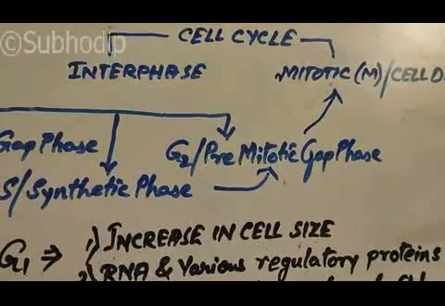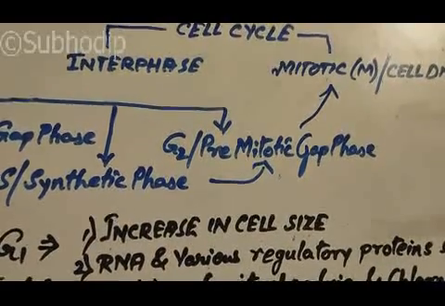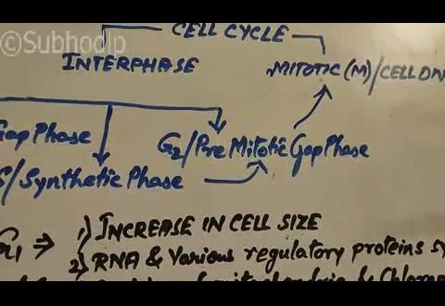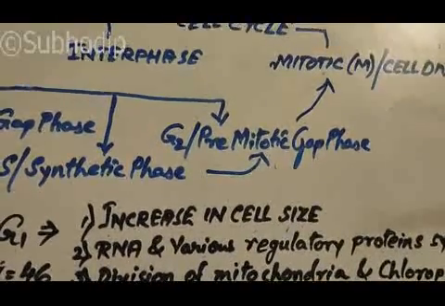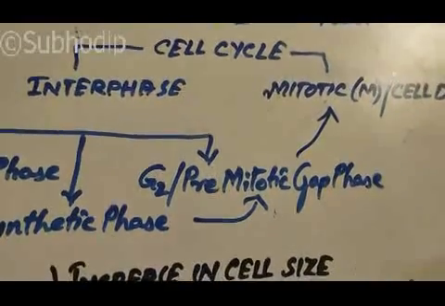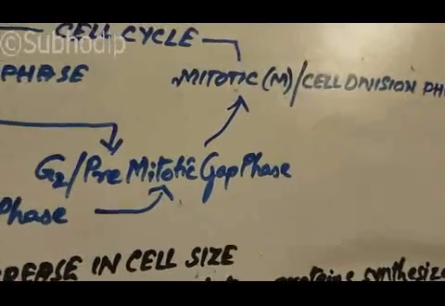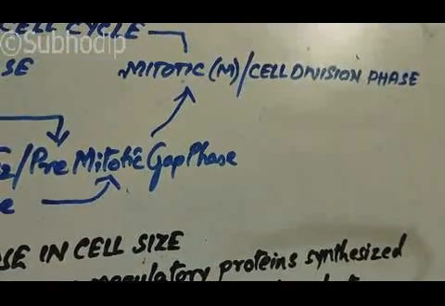In continuously dividing cells, an individual cell passes cyclically through two main phases of cell division, namely the interphase and the mitotic or M phase or cell division phase.